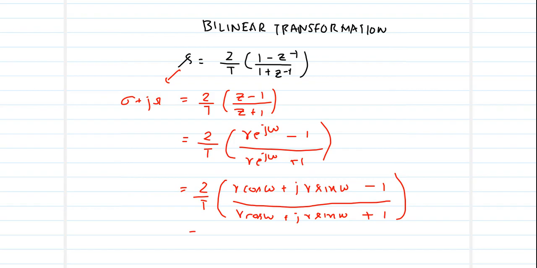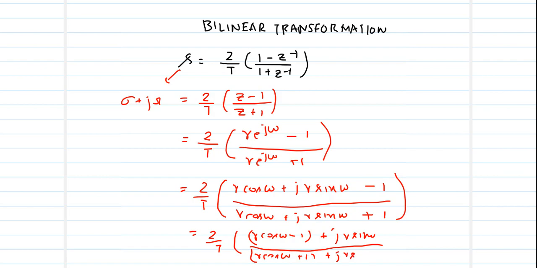I'll group the real and imaginary parts, so it will become (r cos ω − 1 + j r sin ω), the whole divided by (r cos ω + 1 + j r sin ω).